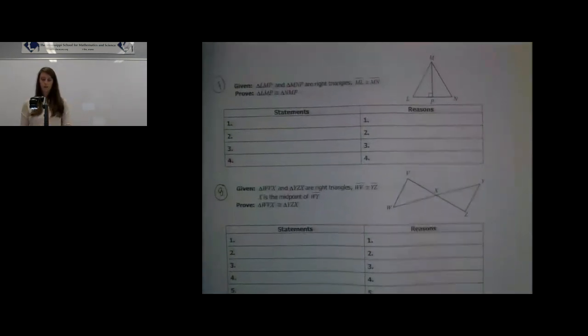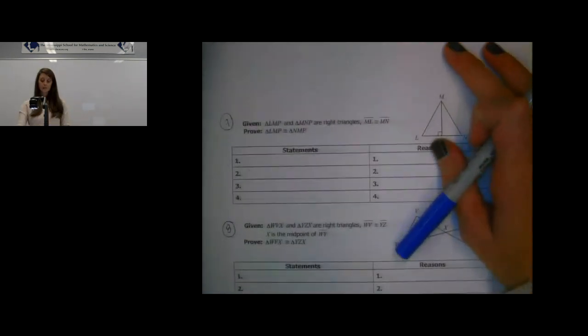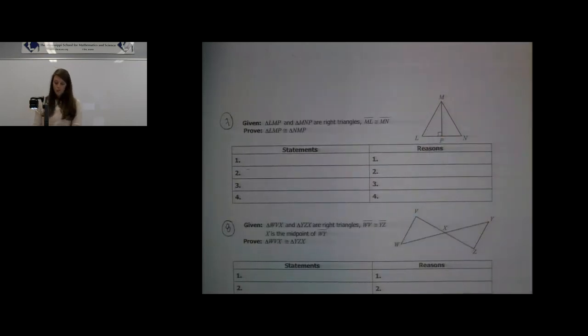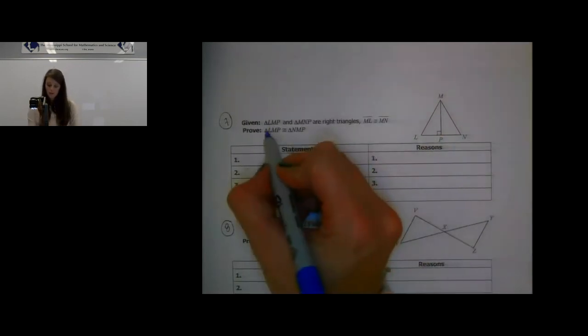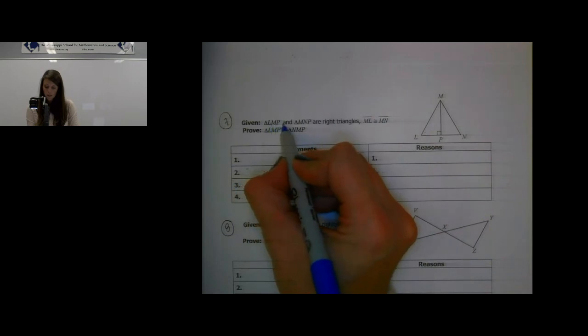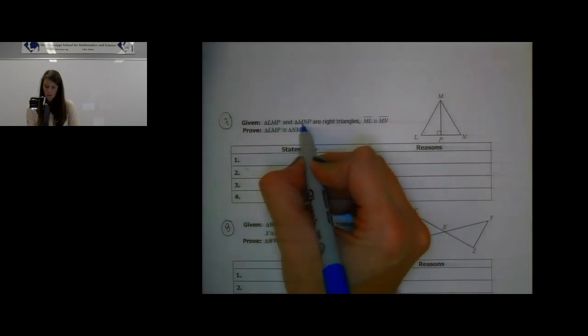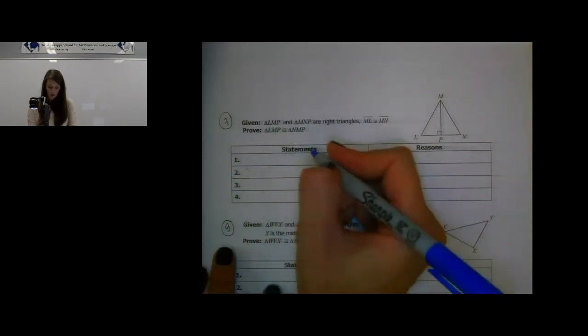All right, so let's do these. There's two in here. Let's look at this one. Given that triangle LMP and triangle MNP are right triangles.